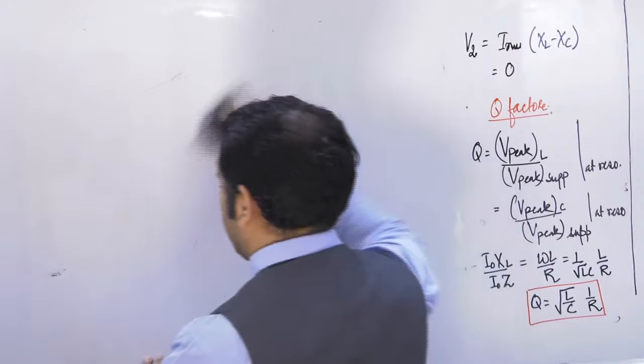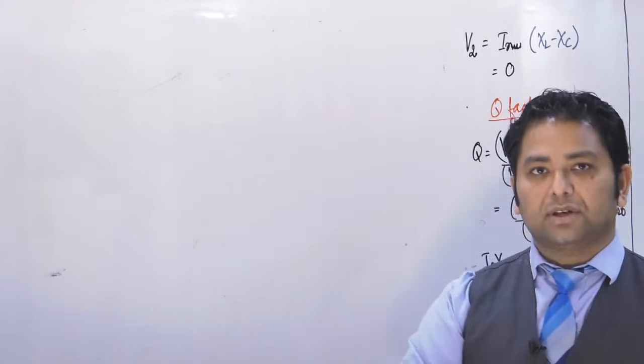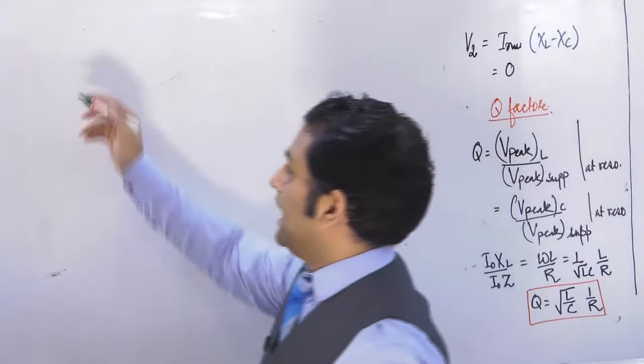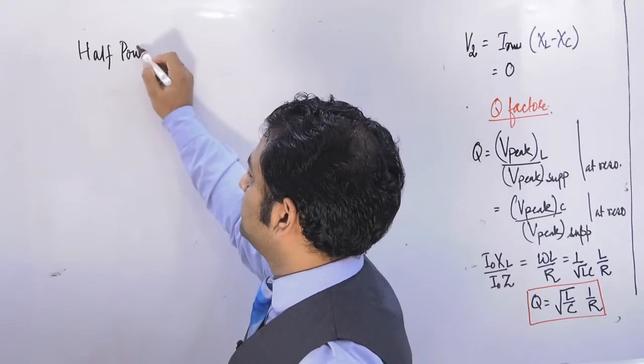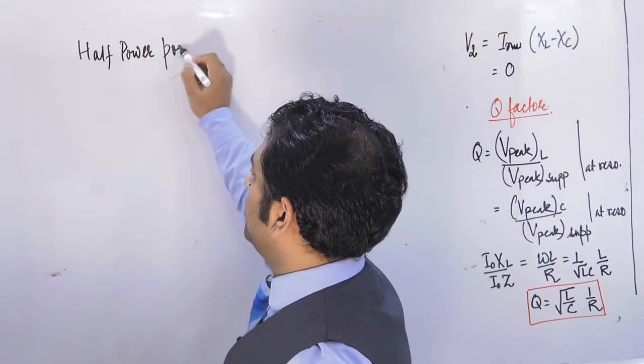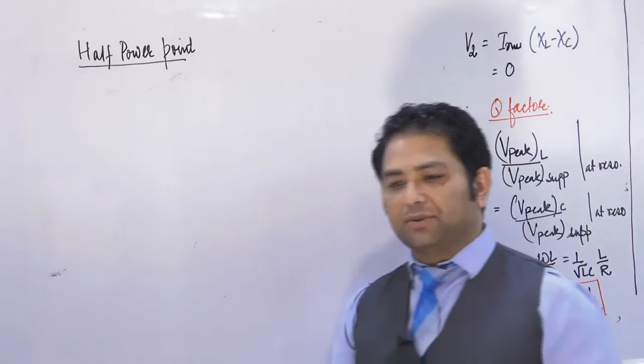Okay, so the next thing that I would like to talk about is the situation which is called the half power point. Now, what is the meaning of that half power point? Let's try to understand.